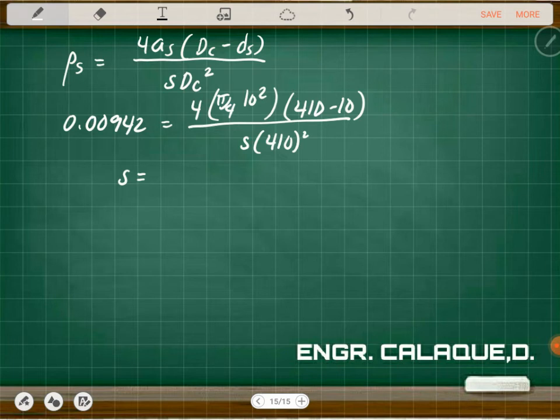Let me compute that. Using shift solve for x, we get 79.358 mm.